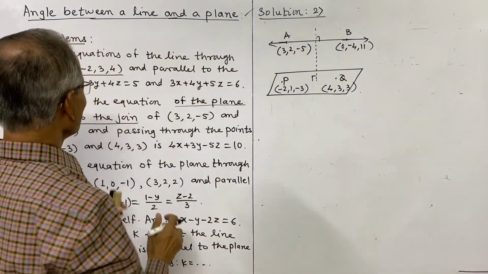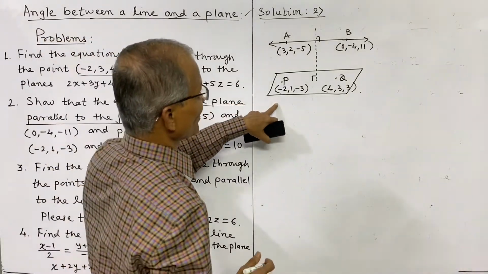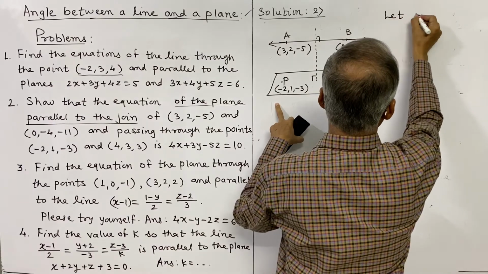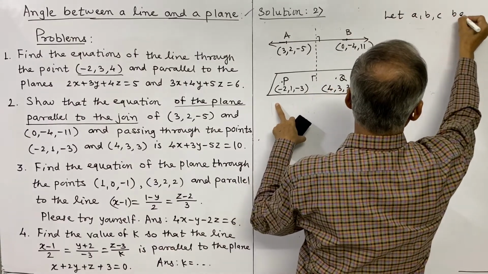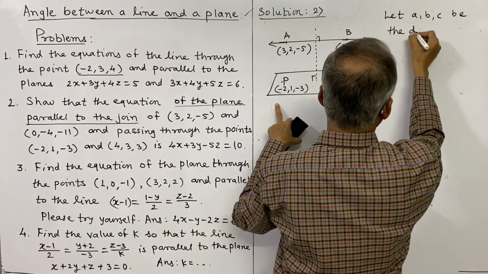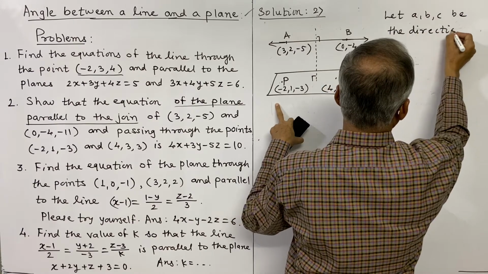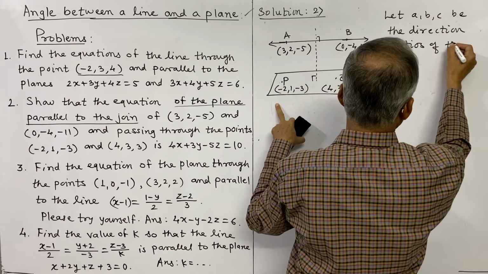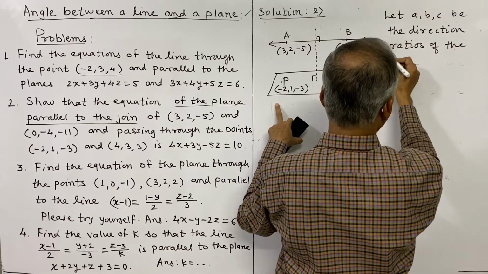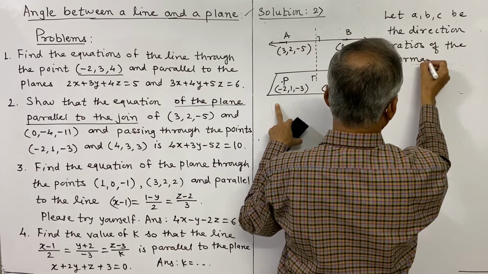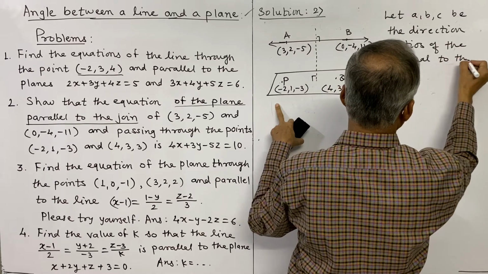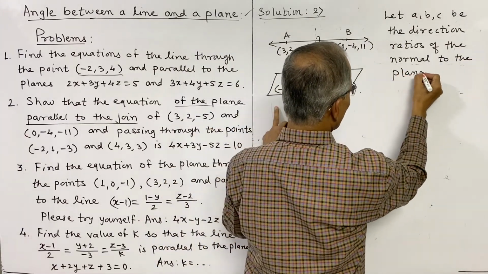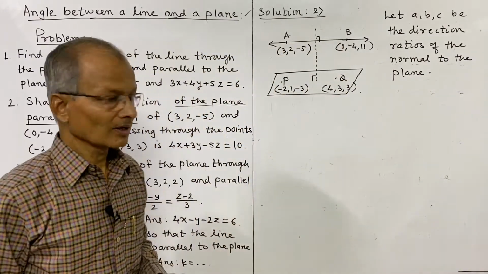First we write the equation of the plane passing through this point. Let A, B, C be the DRs of the normal to the plane. So that we have considered.